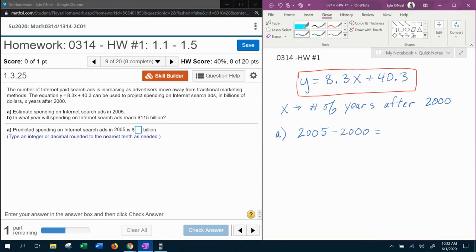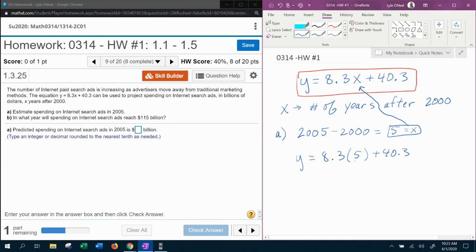So 2005 minus 2000, that's 5. And so here what they're telling me is x is 5. And we're going to be able to take that value for x and substitute it into the equation to get the amount of money spent in 2005.